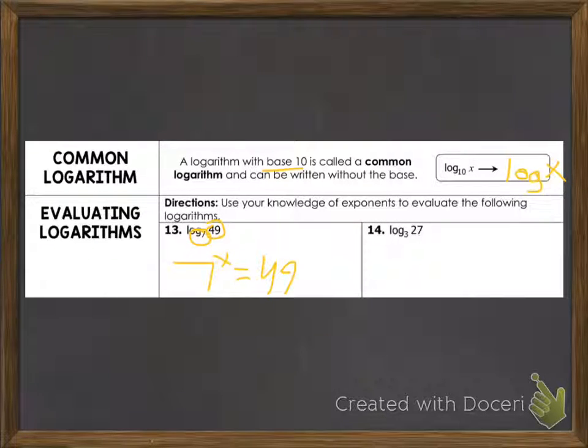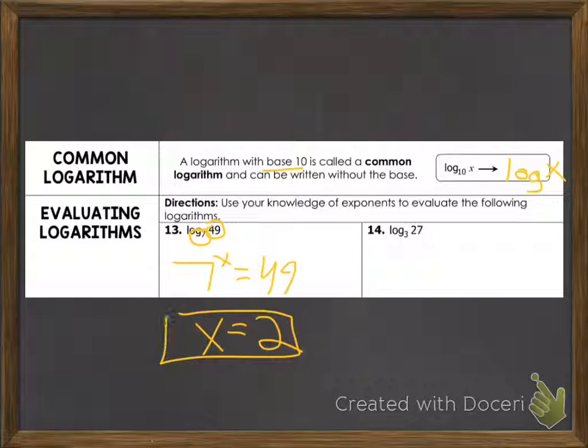So I want to write this as 7 to the x power equals 49. If you recall, 7 to what power is going to be equal to 49? That's right, x is going to be equal to 2, since 7 squared is equal to 49.